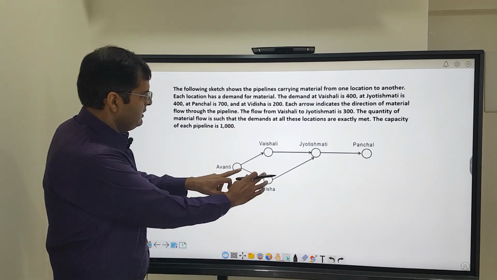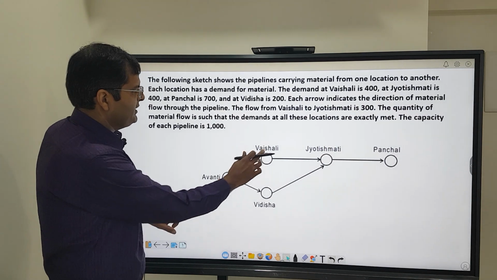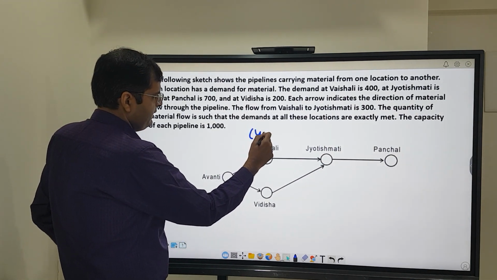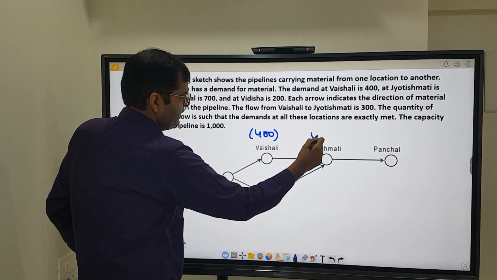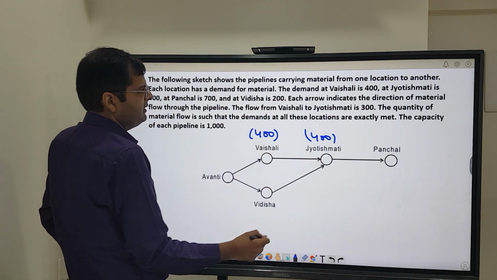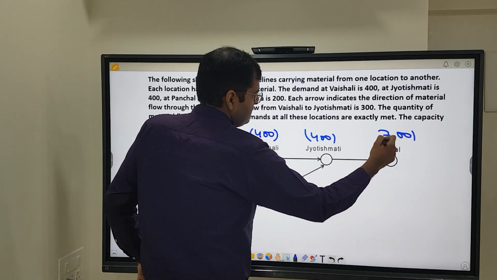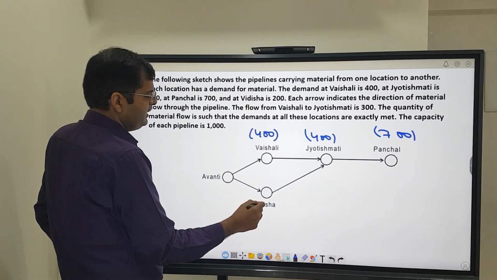Okay. Now what we have been given, I'll just expand it, is that at Vaishali the demand is 400. So let me write the demand here, 400 at Vaishali. At Jyotishmati it is also 400. This is the demand. At Panchal it is 700, and at Vidisha it is 200.